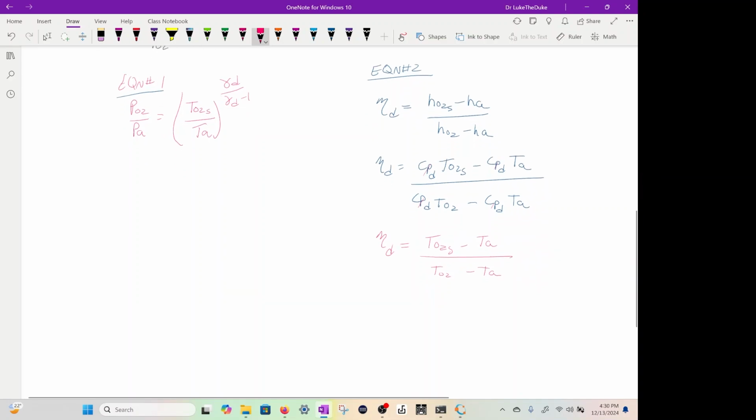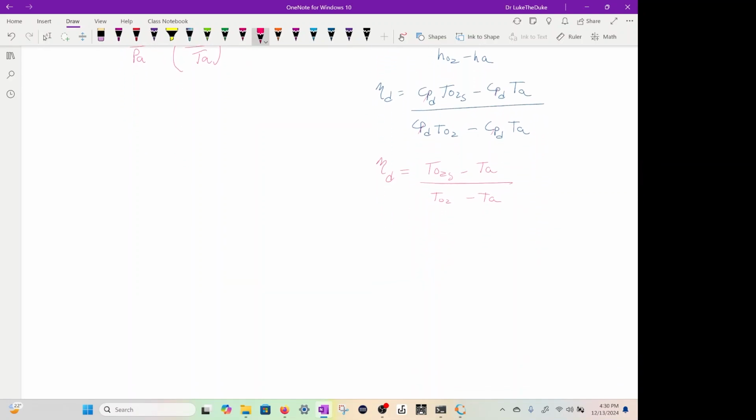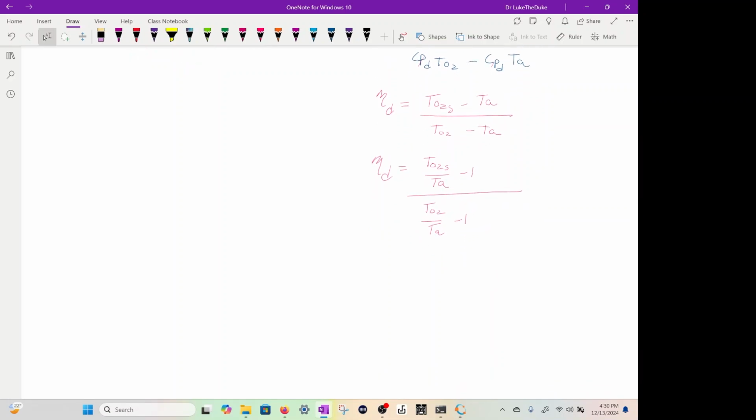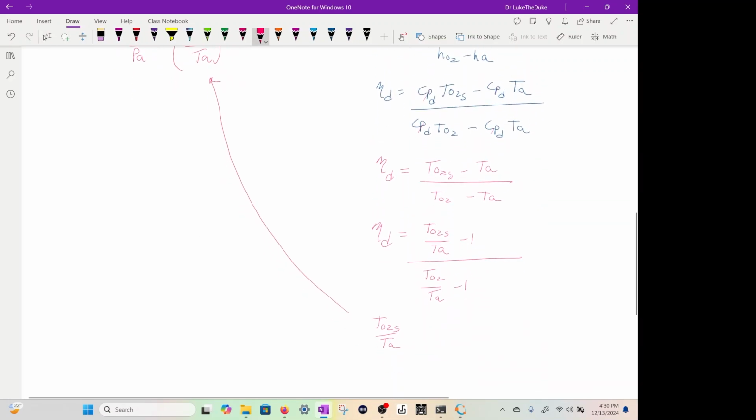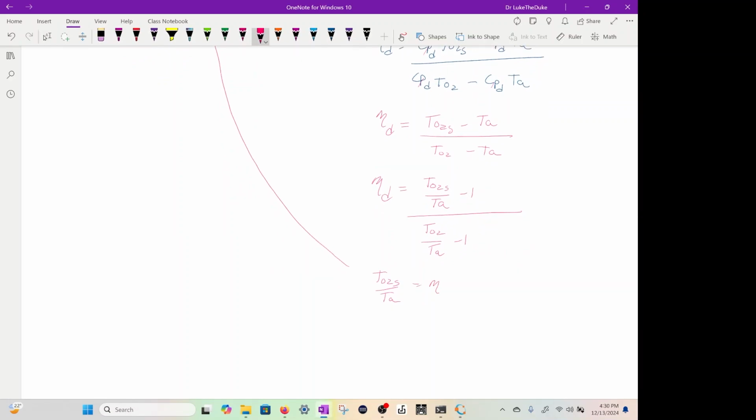minus TA. We're going to divide each term by TA on the right. So you end up getting T naught 2S over TA minus 1 divided by T naught 2 over TA minus 1. And then we're going to rearrange this for T naught 2S over TA because that is right here that we can plug in there. This becomes eta D times T naught 2 over TA minus 1, plus 1.